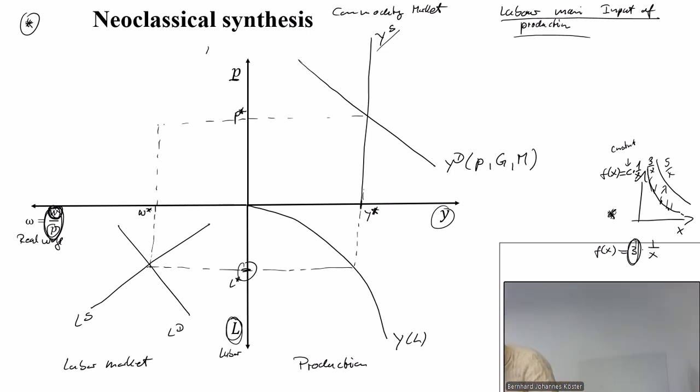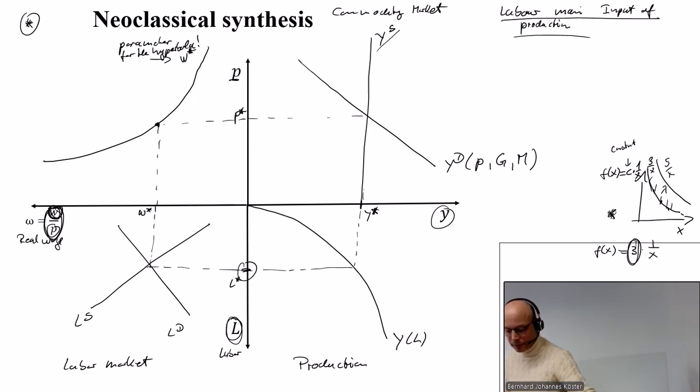So the hyperbola going through this point here is represented by the nominal wage rate as a parameter.